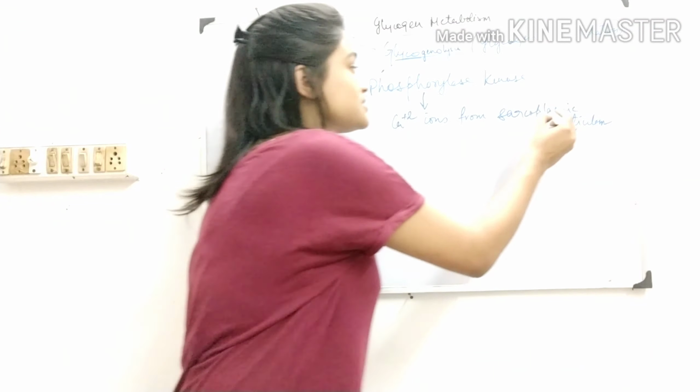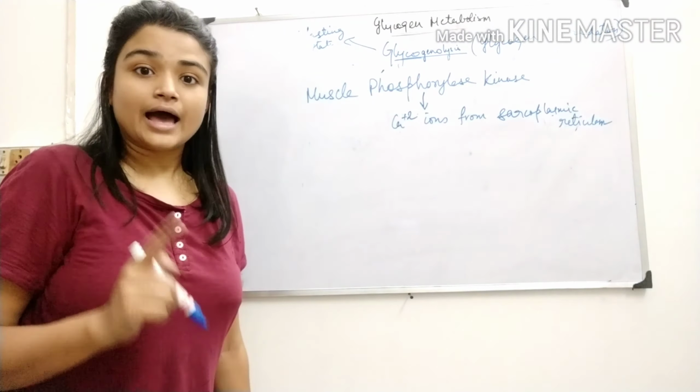calcium ions from the sarcoplasmic reticulum, and this calcium will bind to a protein which is called calmodulin. Four calcium ions, note this thing, four calcium ions bind to one molecule of calmodulin and form a calcium-calmodulin complex.